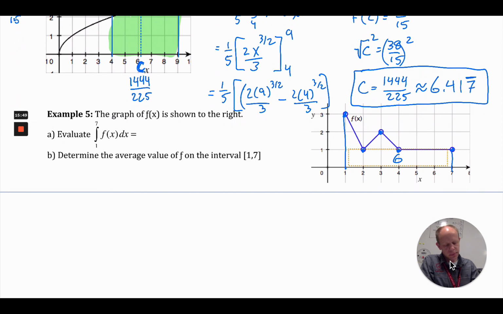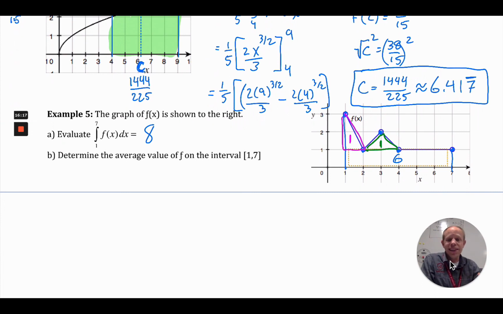And then I see a couple other triangles. I see a triangle right here. Now that has a base of 1 and a height of 2. So the area is 1/2 base times height. You get an area of 1 there. And then I see another triangle right here. That has a base of 2 and a height of 1. So 1/2 base times height also equals 1. So it looks like overall I have a total area of 8 right there. 6 plus 1 plus 1.